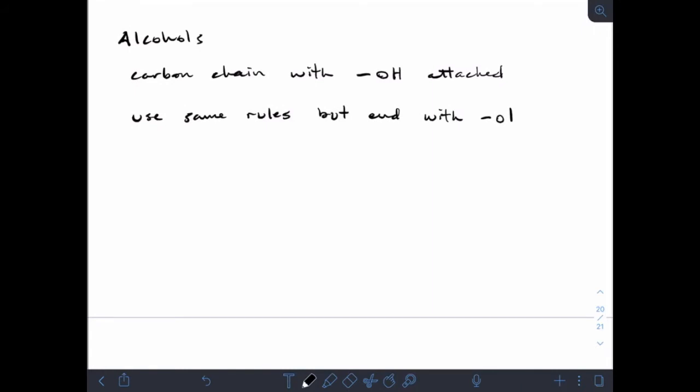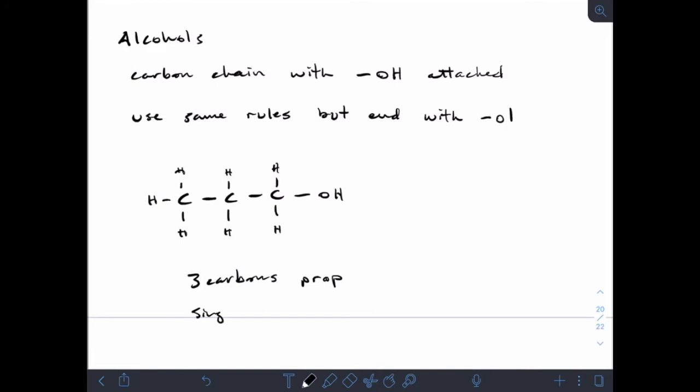So for example, if I have C, C, C, OH, and hopefully you're recognizing that OH is one of your polyatomics called a hydroxide, we would say that we have 3 carbons in the chain, so I get a prefix of prop.